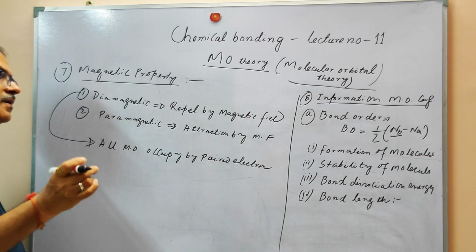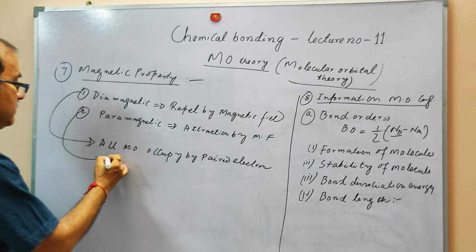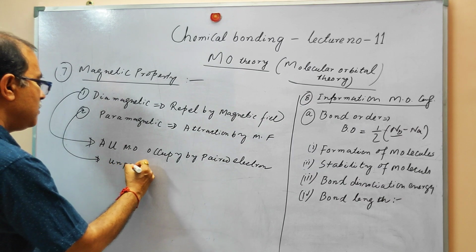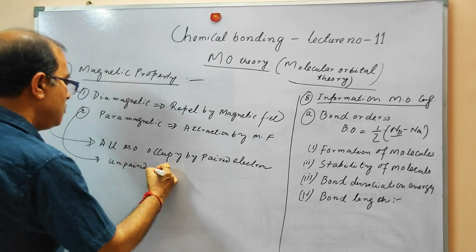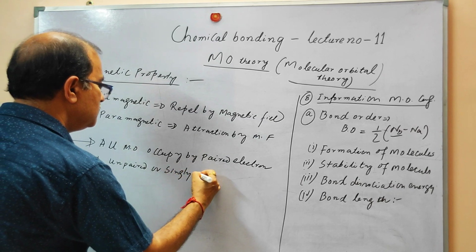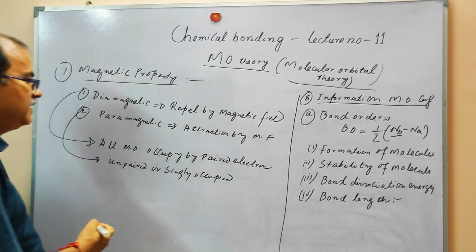But in the paramagnetic case, electrons will be unpaired or singly occupied.